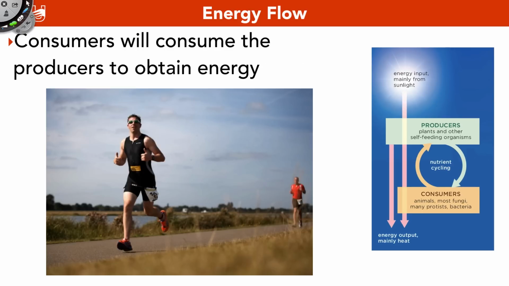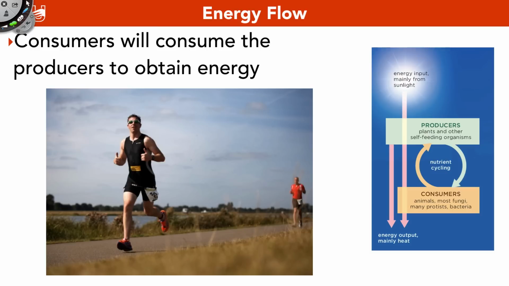Okay. Now, consumers will consume producers to obtain energy. Okay, very important idea. Consumers, us, will consume the producers to obtain energy. Now, does that mean that we can only obtain energy from the producers? Well, it depends on how you think about it.